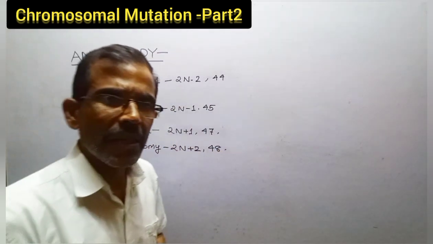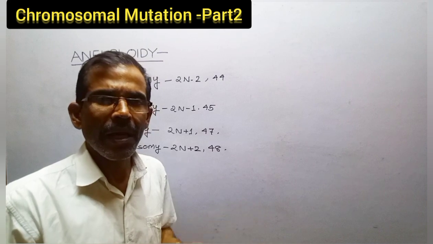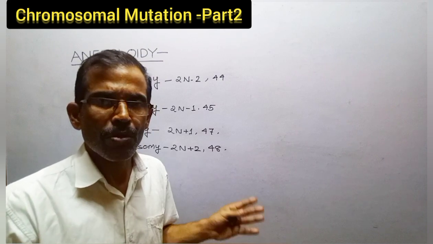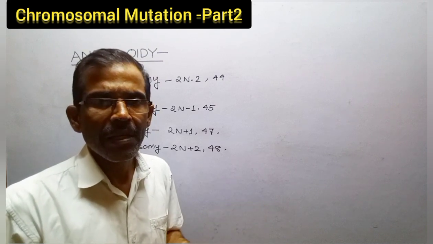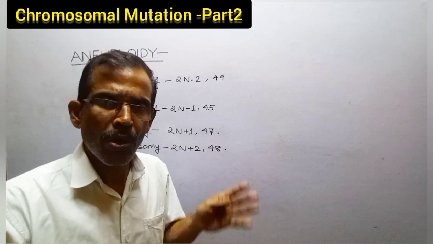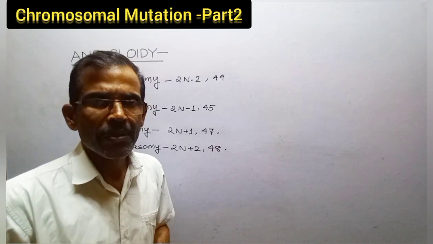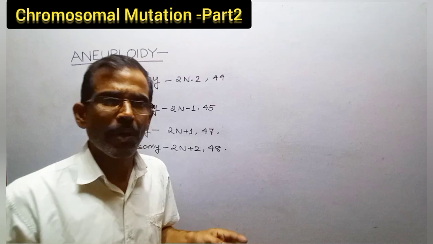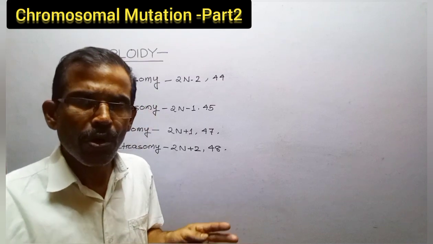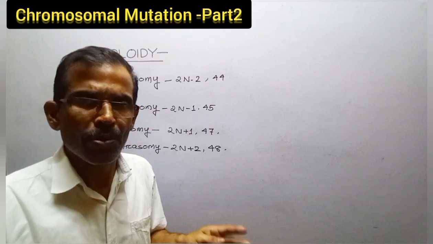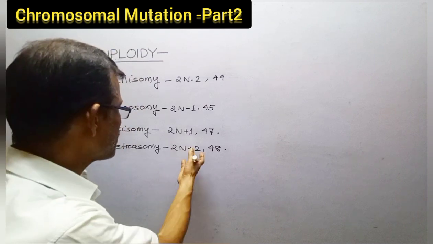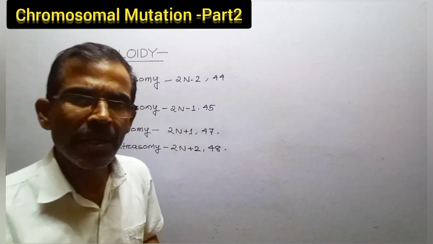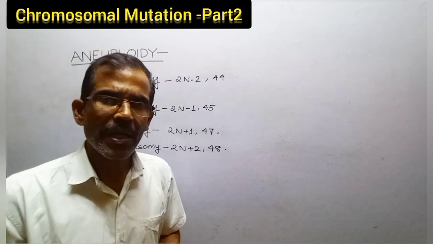Gain of 2 chromosomes doesn't mean the gain of 2 extra chromosomes. Rather, it is the gain of 2 homologous chromosomes. So in tetrasomics, there are 4 homologous copies of one chromosome, and it is represented by 2n+2.